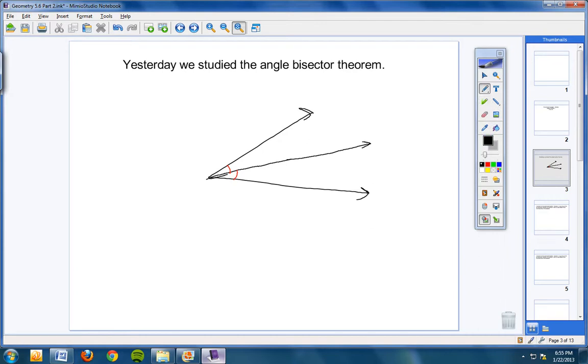So if we have an angle in which we have a bisector and there's a point that lies on that bisector, what we talked about is this distance from there, the perpendicular distance, will equal this distance here, as long as that's a perpendicular line. So that's what we looked at yesterday.